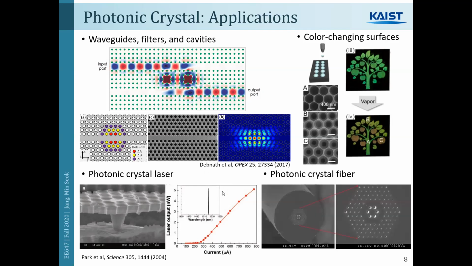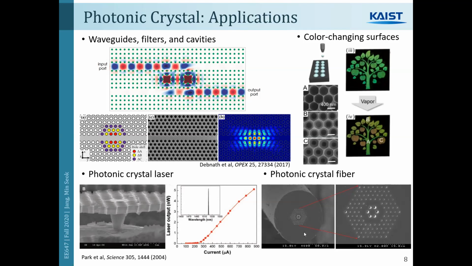Okay, so another example is the photonic crystal fiber. You probably know about optical fiber. Optical fiber is used to transfer light information over very, very long distances, like kilometers or sometimes thousands of kilometers.